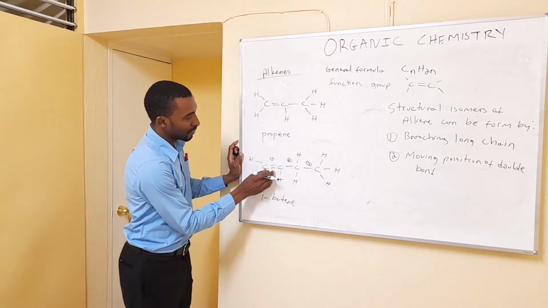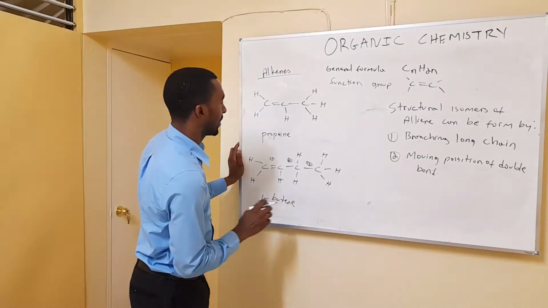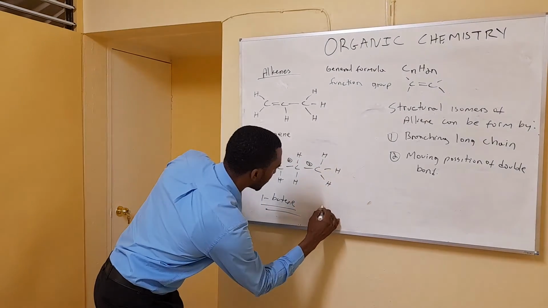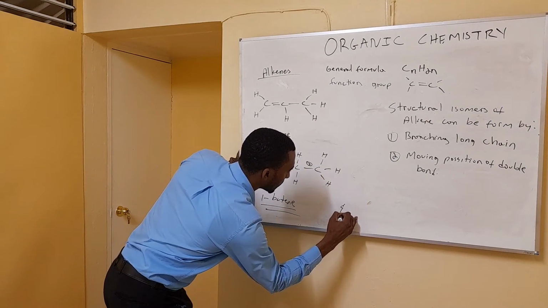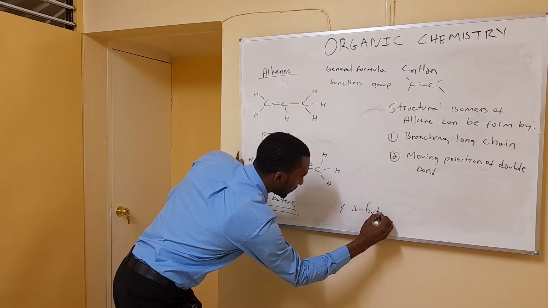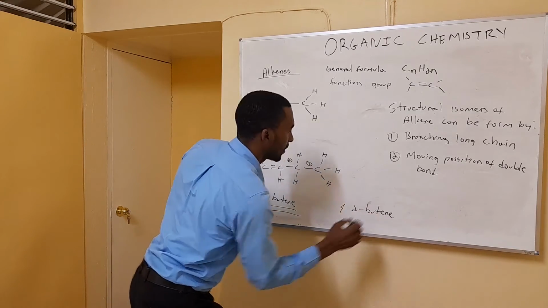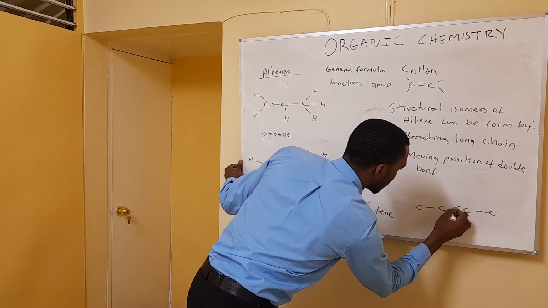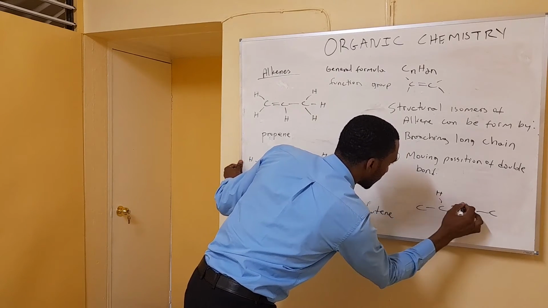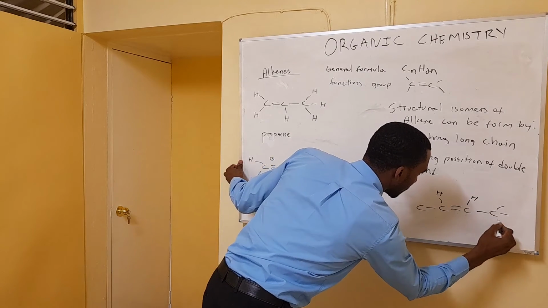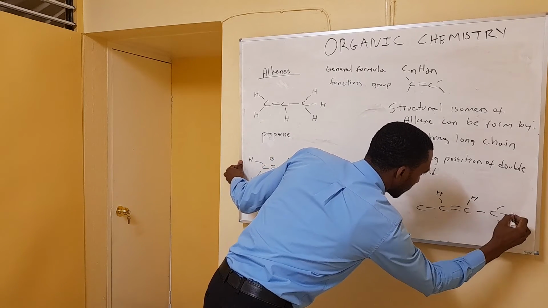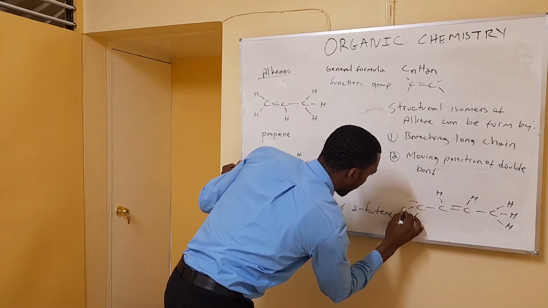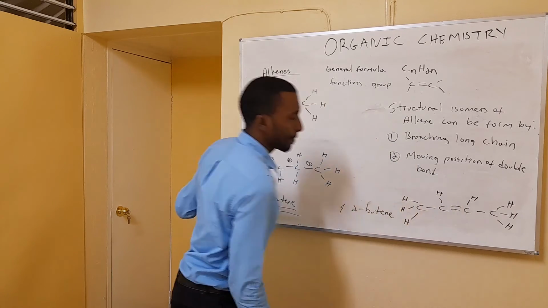Alright? So we could move the double bond, if we want an additional isomer of butene, to say 2-butene. And 2-butene would be simply this: put the double bond here. You see?